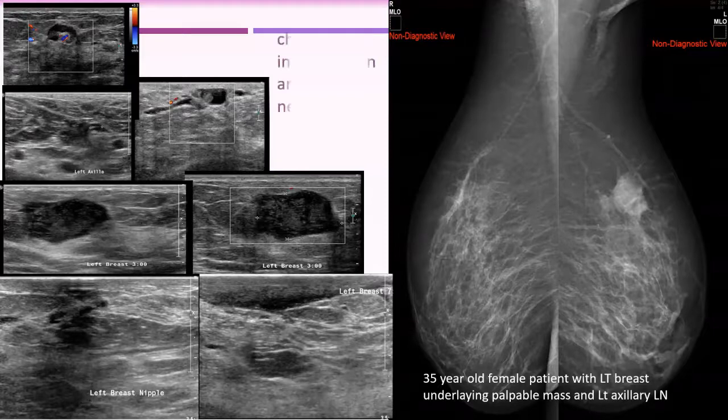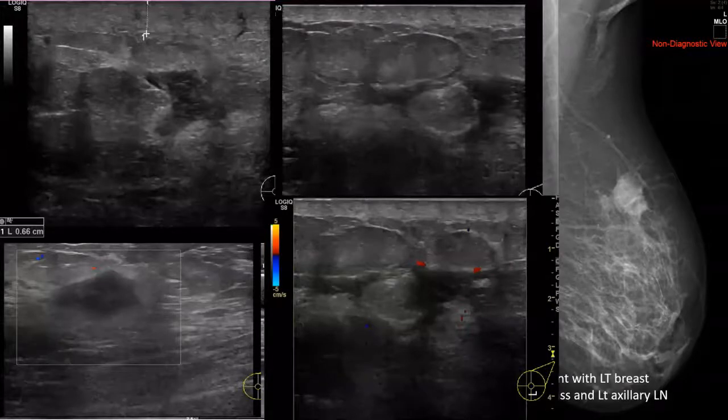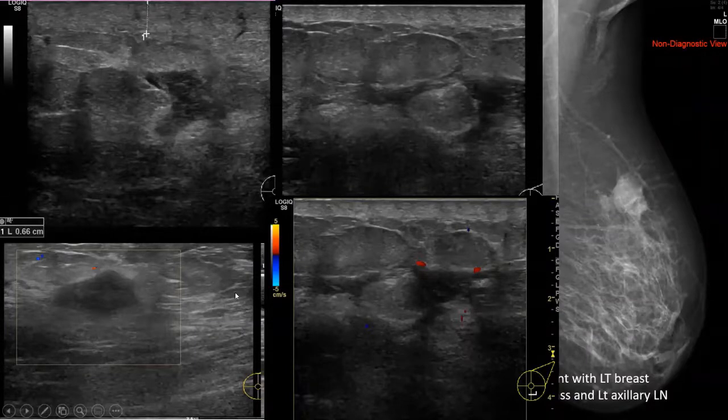Okay, the same patient six months earlier. That is the mass, and look for the inflammation in the breast. Now she's improving.